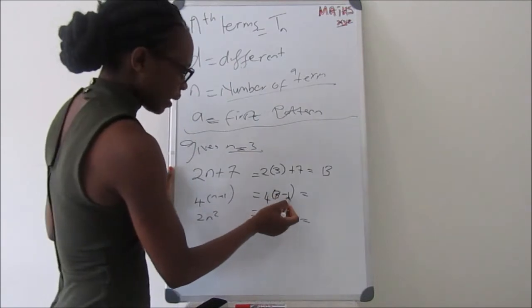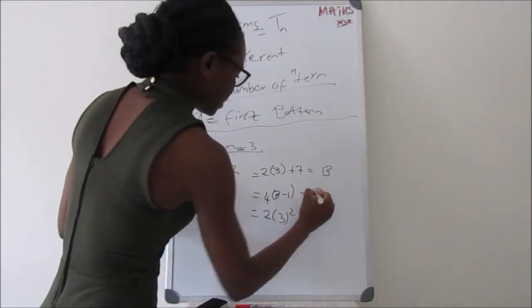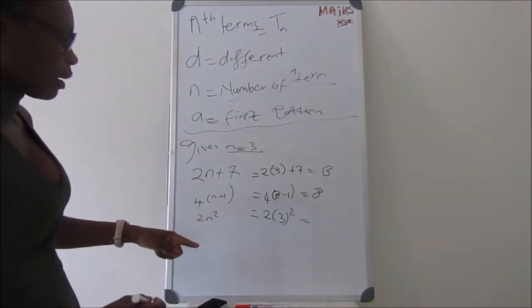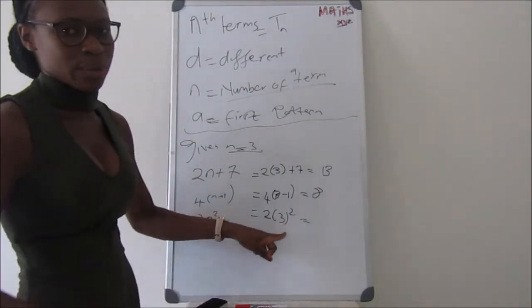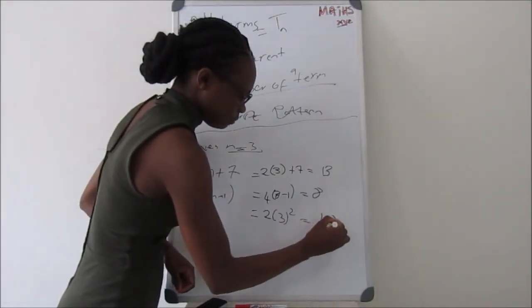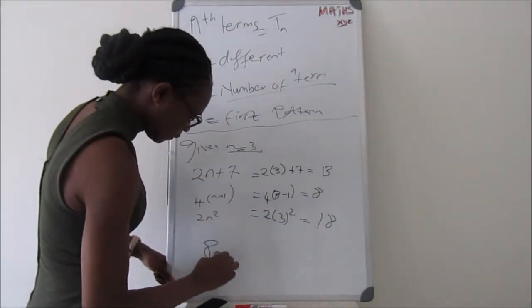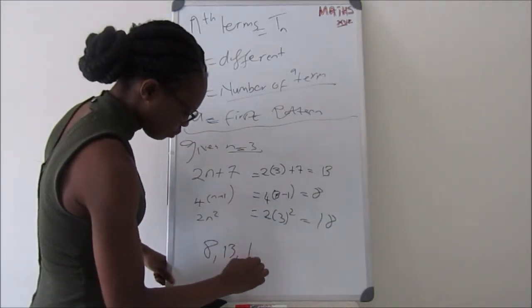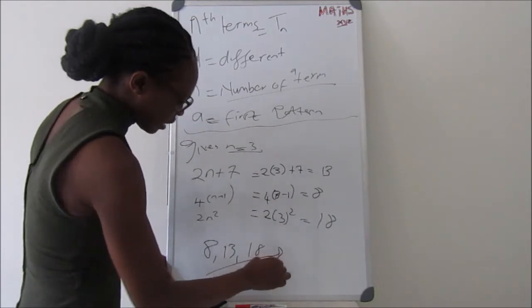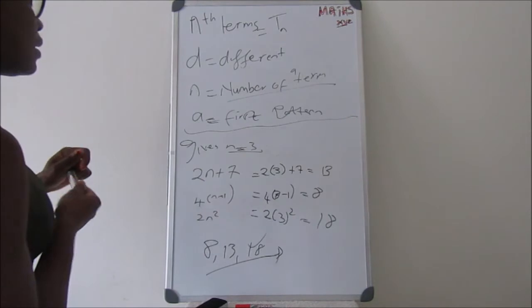Then 3 minus 1 is 2, multiplied by 4 gives us 8. And 3 squared is 9, multiplied by 2 gives 18. Putting this in ascending order, it will be 8, 13, 18. So that's the answer to the question.